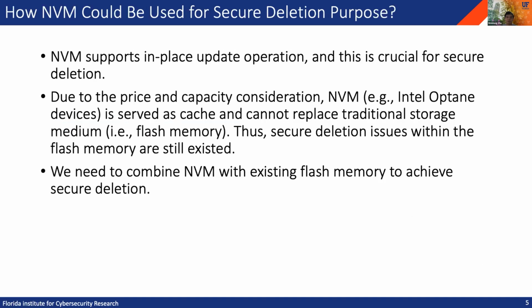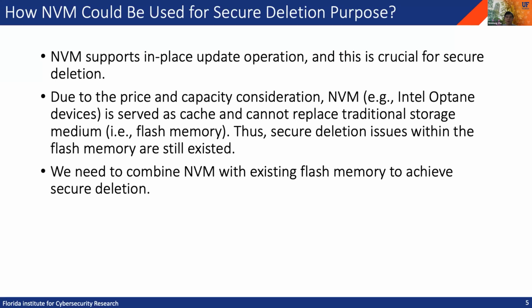As I just mentioned before, NVM supports in-place update operation, so it is ideal for secure deletion. However, NVM is too expensive for now, and its capacity is lower than flash memory. So currently, NVM is mainly used as a cache for flash memory.